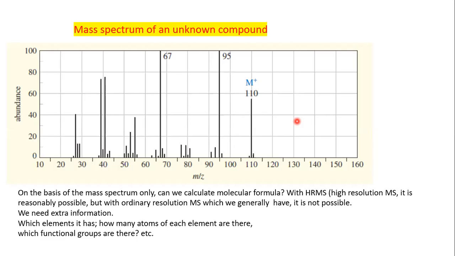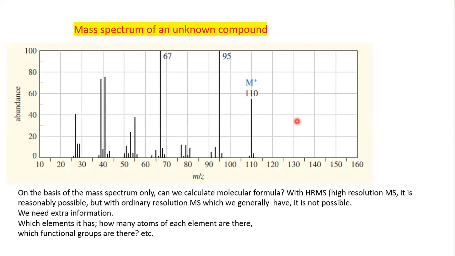And similarly, other things like functional groups. What are the functional groups present in this molecule? And so on, okay? So on the basis of a mere mass spectrum, an ordinary mass spectrum I mean, it's not possible, okay?